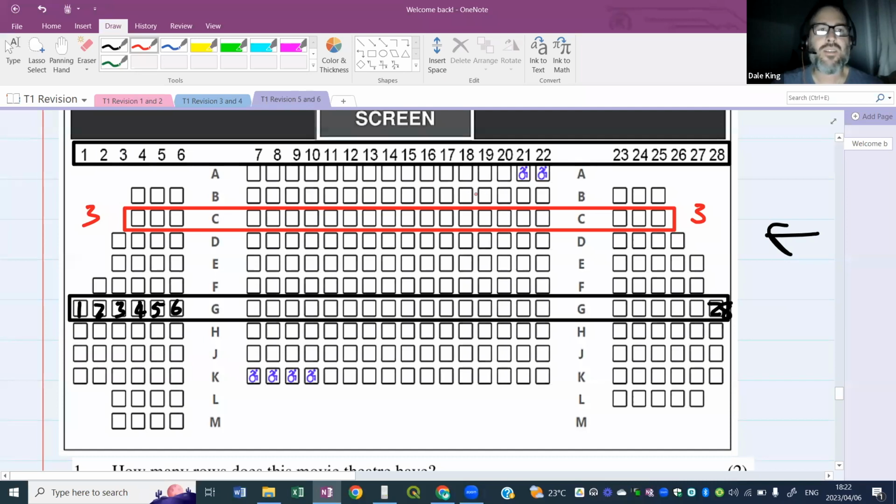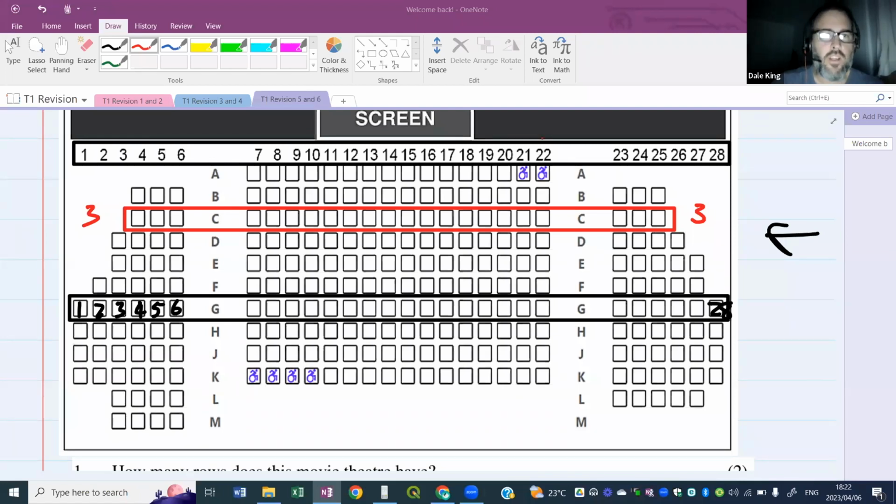So 28 minus 6 is 22. There we go, 22. These numbers at the top can help us calculate how many seats are in each row. All right, here we go. Now the answers are coming in good.